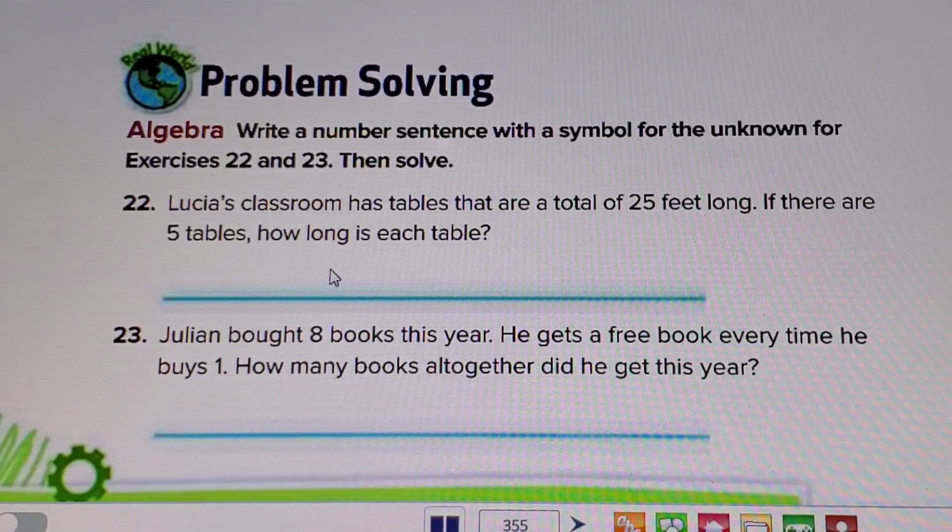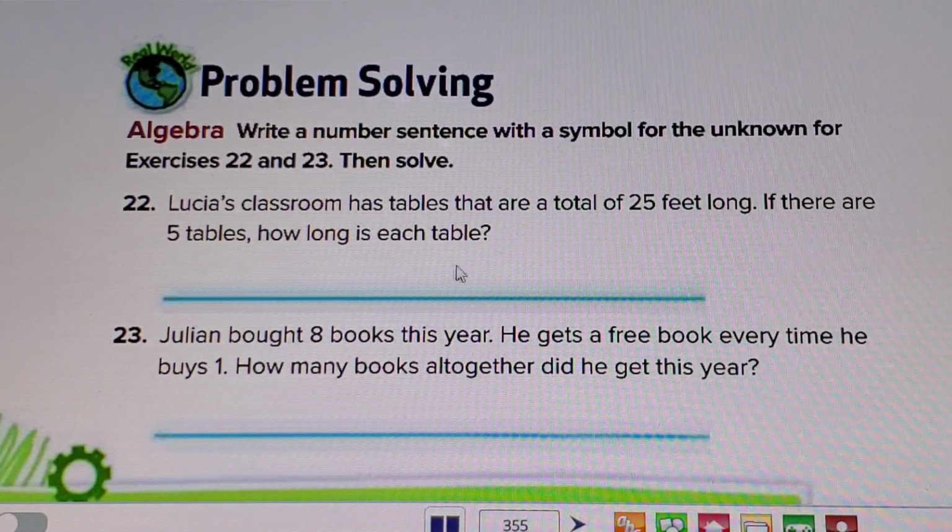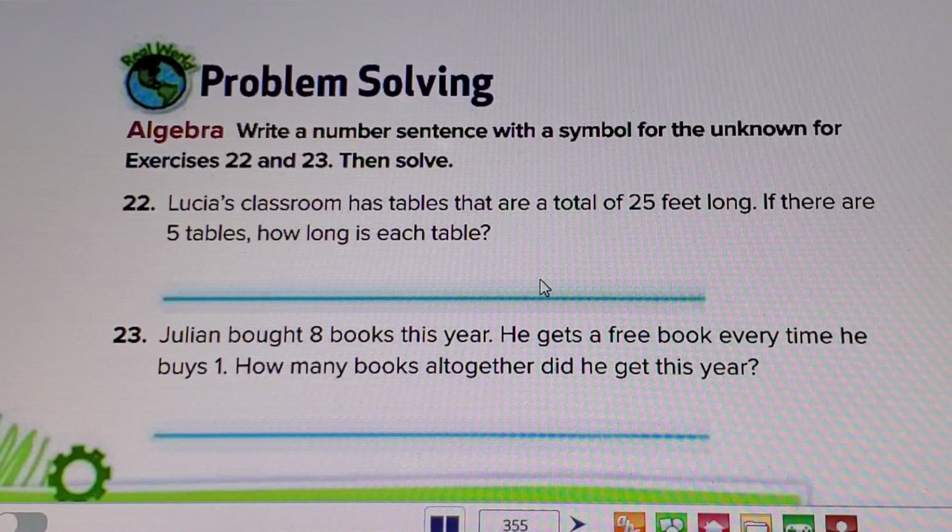You could do this as a multiplication sentence or as a division sentence. If you're doing it as a multiplication sentence, you would say 5 times unknown equals 25. If you're doing it as a division sentence, you'd write 25 divided by 5 equals unknown. In either case, your unknown will be the same number.